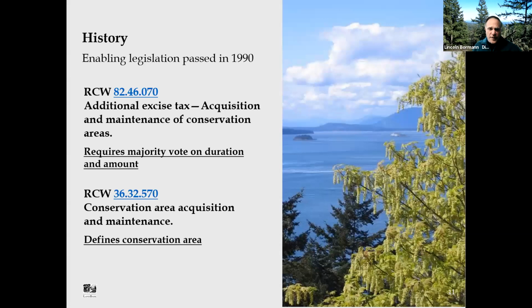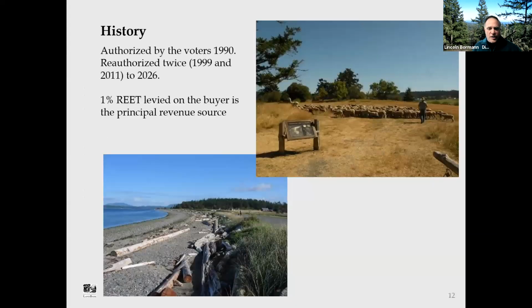So a little bit about the organization. Its history began in 1990 with state enabling legislation, which allowed collection of an excise tax for acquisition and maintenance of conservation areas. That state enabling legislation allowed counties to have referenda on this question.